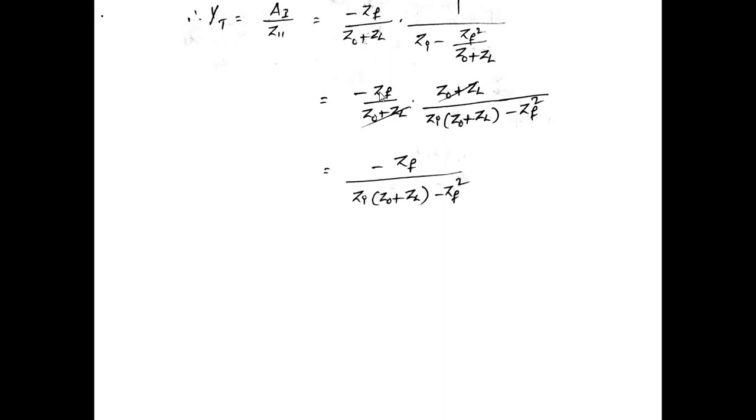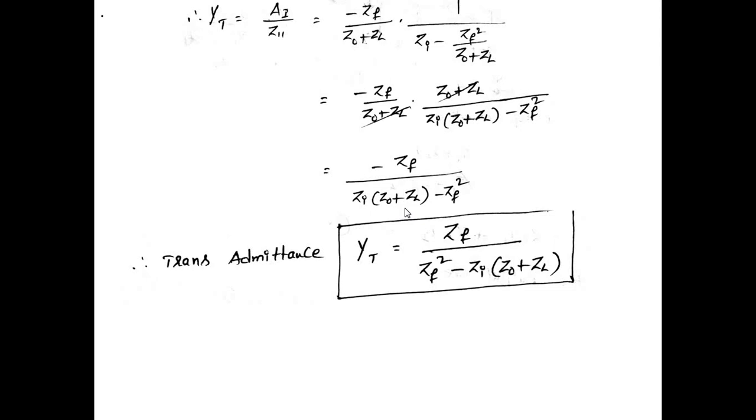Now simplify this equation, you will get Zi into Z0 plus ZL minus Zf square by Z0 plus ZL. After simplifying, this Z0 plus ZL goes to the numerator, and these two terms get cancelled with each other. Finally we get YT is equal to minus Zf divided by Zi into Z0 plus ZL minus Zf square.